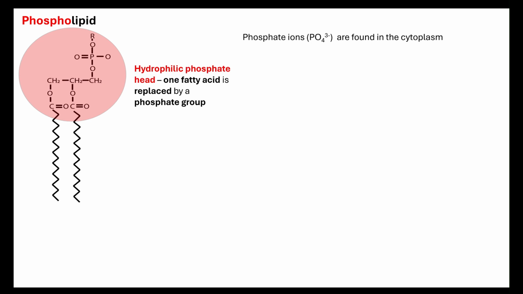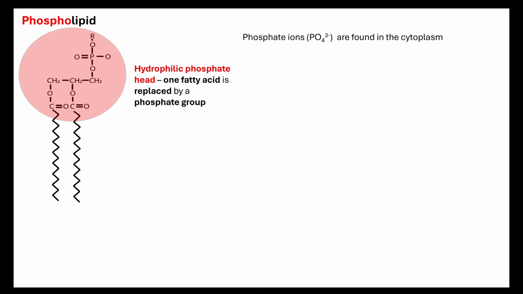Now, when one of those fatty acids in the triglyceride is replaced by a phosphate group, what we end up with is what's known as a phospholipid. So we have a phosphate attached to the glycerol and two fatty acid chains.